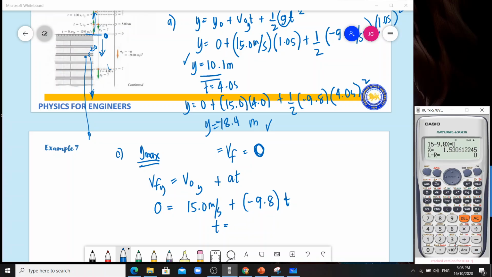So, at time 1.5 seconds, okay, nasa maximum height siya, which is the velocity is 0.